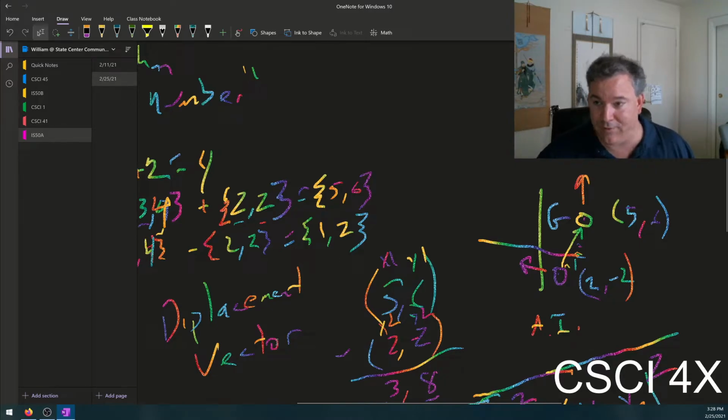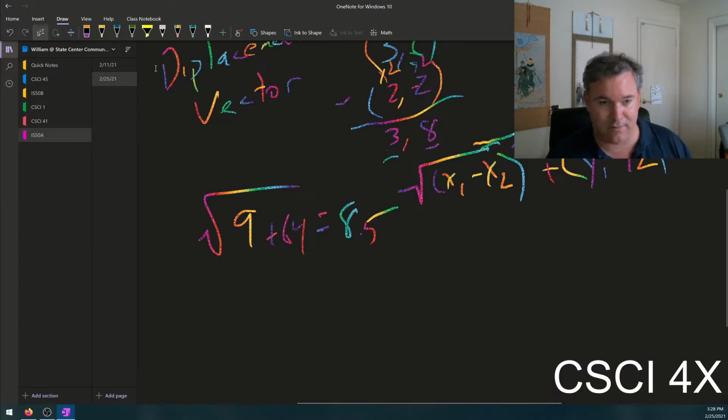For example, the length of the displacement vector. If you want to know what the length of this is, the equation is right here.